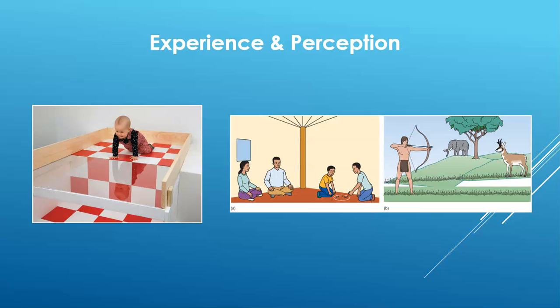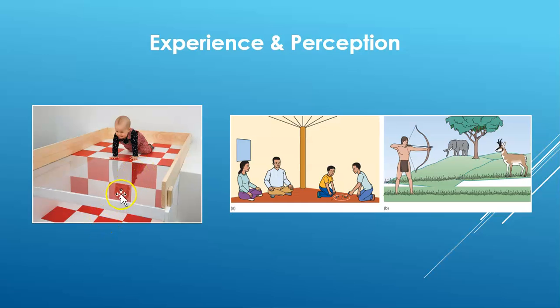And then different illusions work for humans or no longer work based on experience and perception. So for instance, this baby is crawling and it was uncheckered, and now there's a piece of glass.